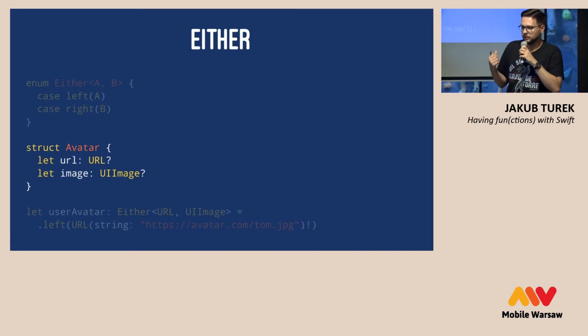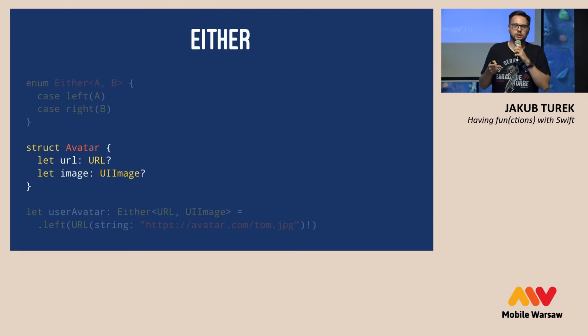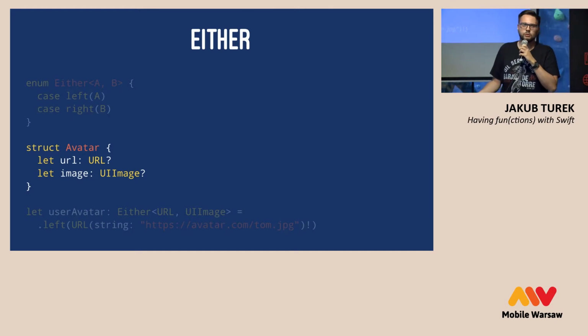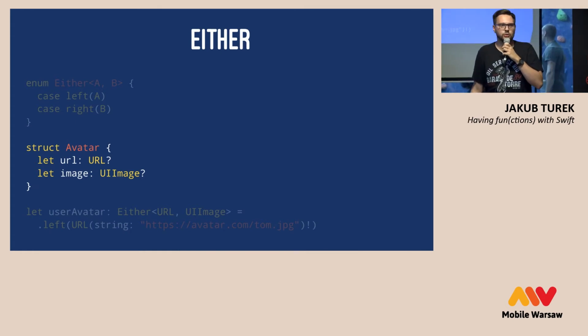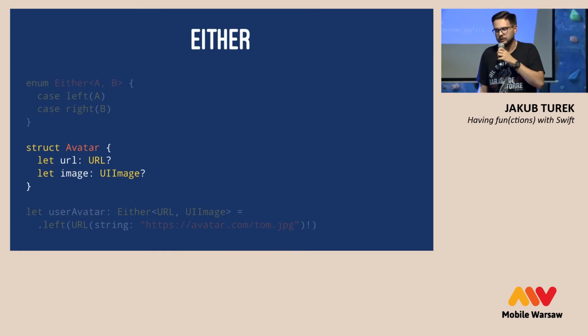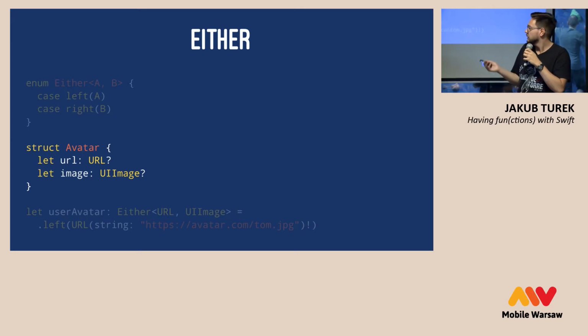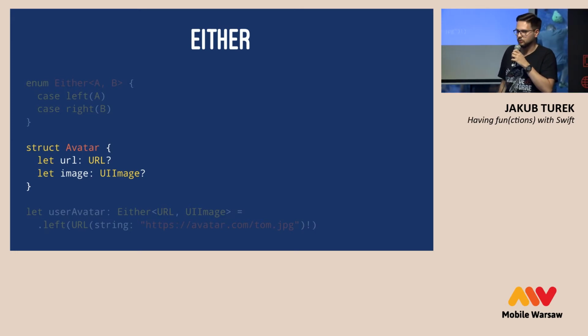The one state being those 2 are optionals, which are both nil, and we don't really want to do that because we will always have a placeholder in there. But what's worse, we also have the case when we have both URL and image, and we don't really know what to do with that. And that's our error, but the Swift compiler won't check it for us.